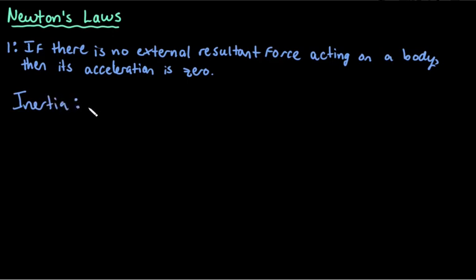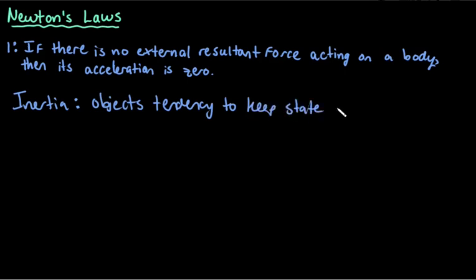Now, inertia is an object's tendency to keep its state of motion. Basically, if something is at rest and you don't have any external force acting on it, then that object is going to stay at rest.